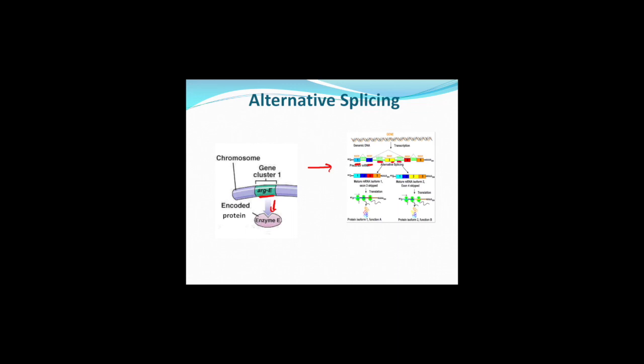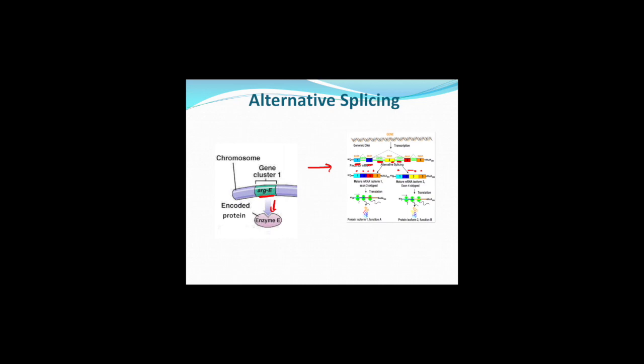So during transcription, the polymerase can pick out one particular exon and match it with another exon, so you get different forms of messenger RNA read by these different combinations of exons.